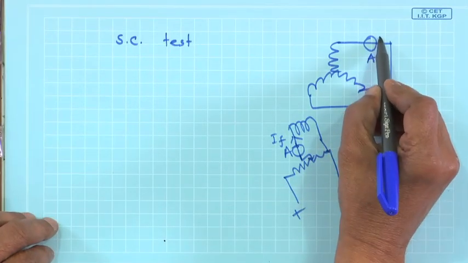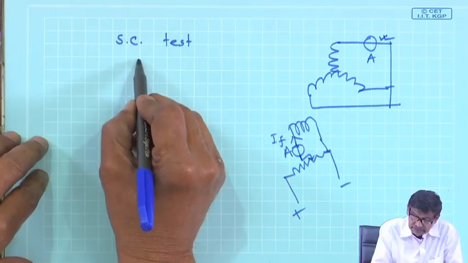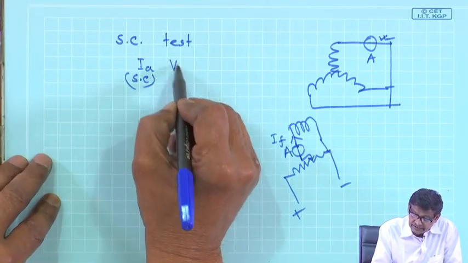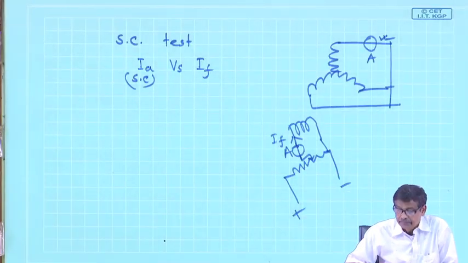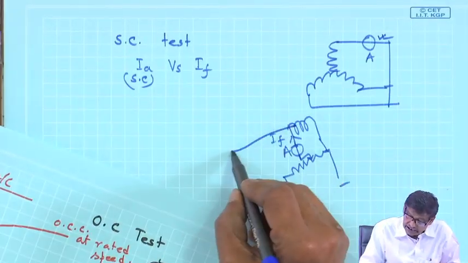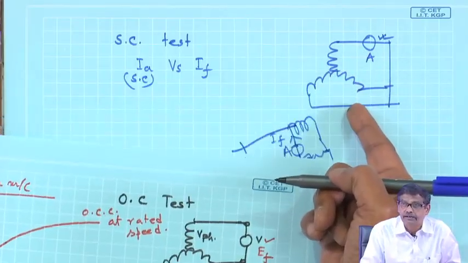Therefore, go up to the rated current or maybe 10% higher than the rated current, and sketch the short circuit armature current versus field current. You will find during the short circuit test, and of course run the machine at rated speed which gives you 50 hertz supply, that is the condition.